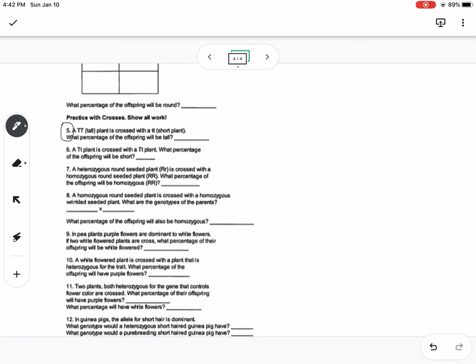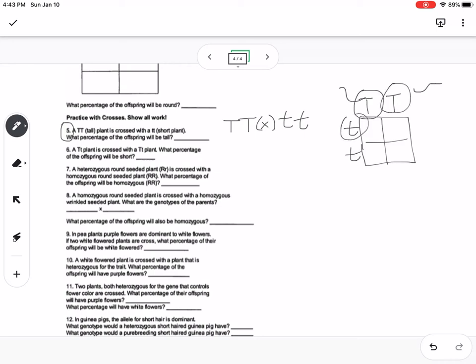Okay, the strategy to do these is to write it out. So you have big T cross with little t. Now we make a Punnett square. You're going to make all Punnett squares for these. Remember, separate the alleles because these represent the gametes and they're formed through gamete formation. So then we have big T, little t.